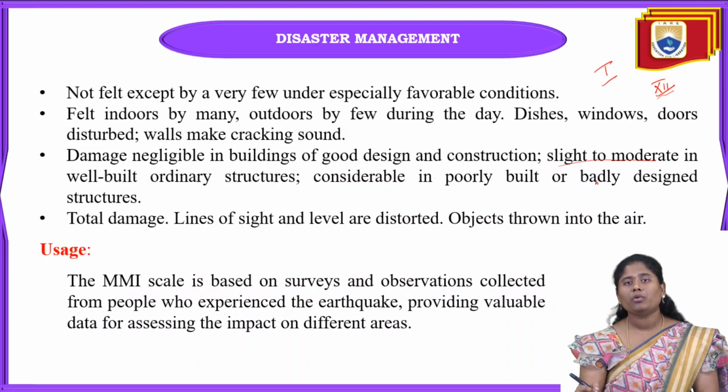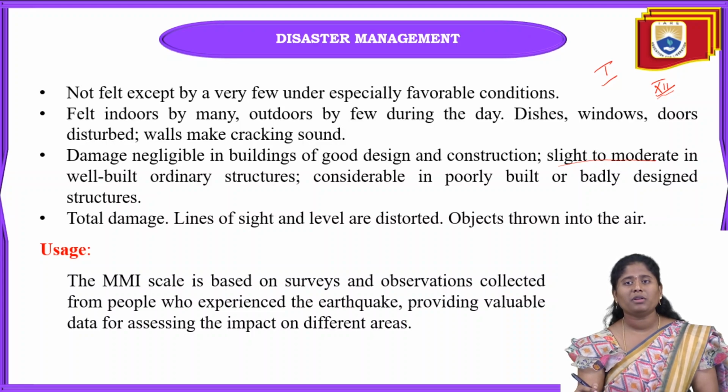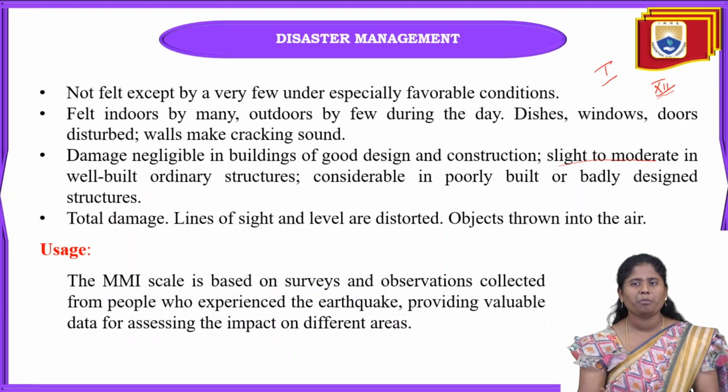So when we survey the people in those areas who experienced that earthquake, we can provide valuable data. In different areas, the intensity scale can vary. So we come to know the impact on different areas by surveying the people who experienced the earthquake.